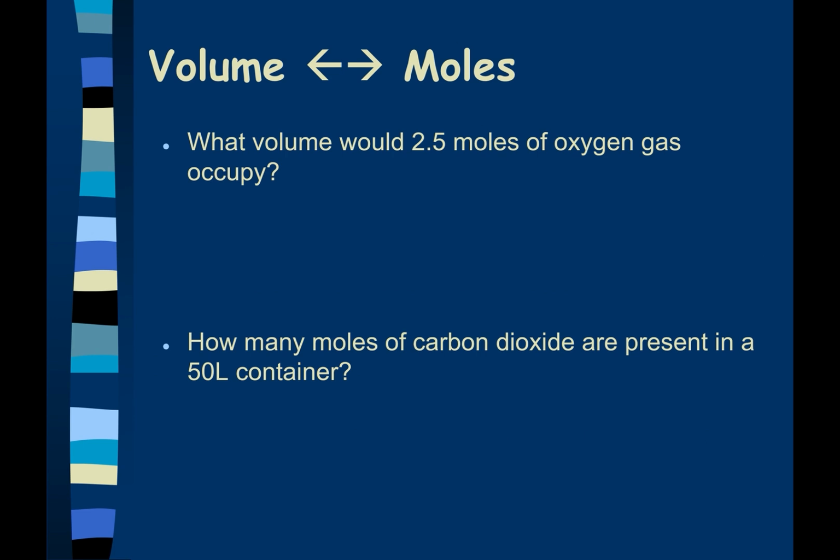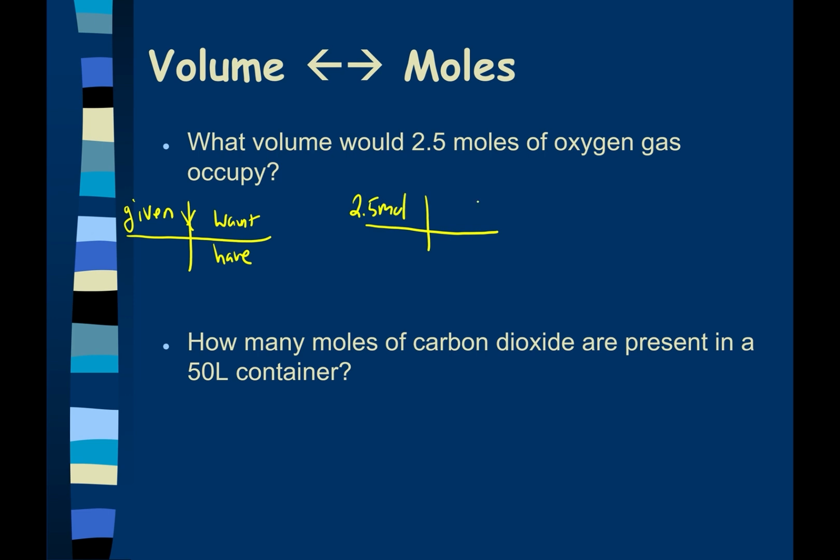We're asked here, what volume would 2.5 moles of oxygen gas occupy? And we're going to assume here that this gas is at STP. So once again, we're going to set up our table of given times want over have. In this case, we are given that we have 2.5 moles of oxygen gas.